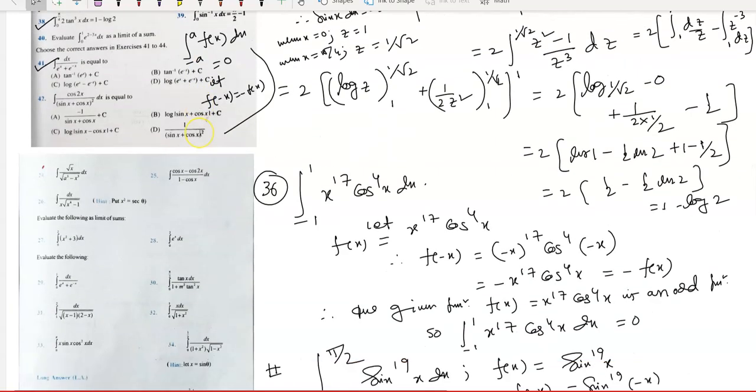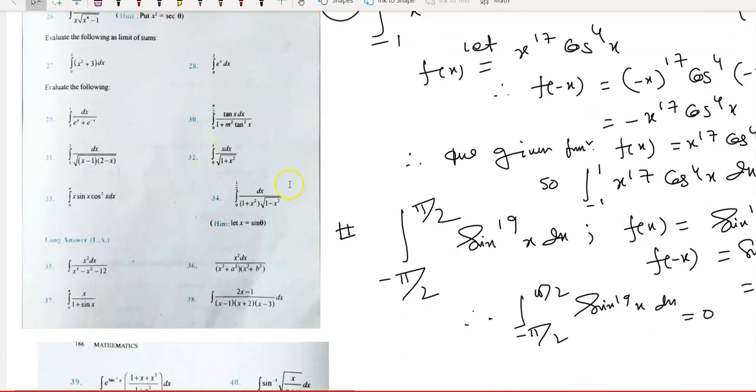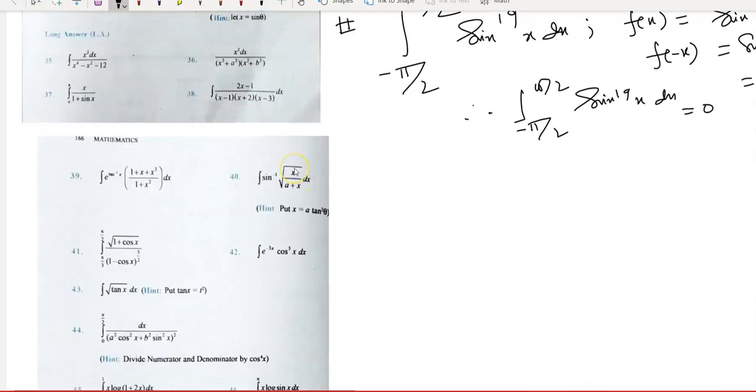The integral from 0 to pi of x tan x by sec x plus tan x.